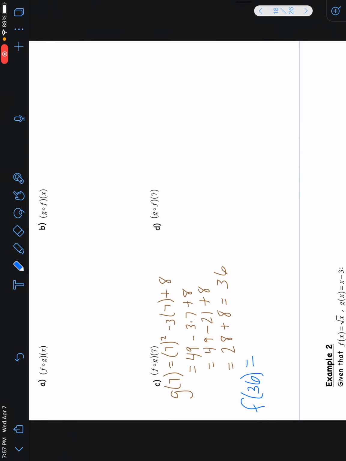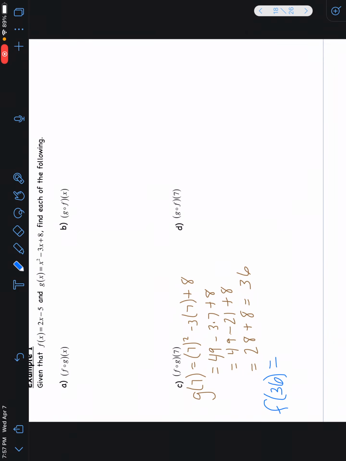That means you're going to go look at function f at the top left of the screen here. And 36 is going to go in for this x up here. So it's 2 times 36, then minus 5. So that'll be 2 times 36, 72.